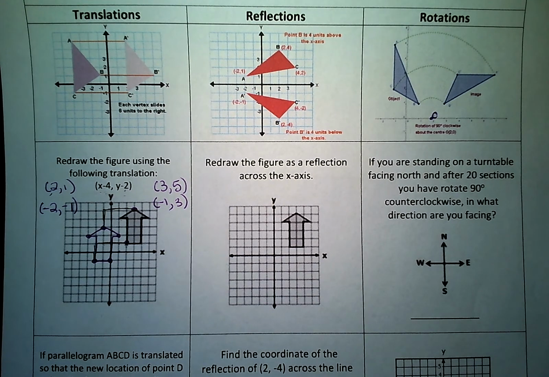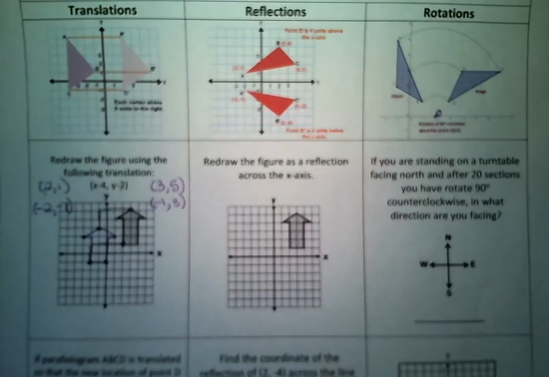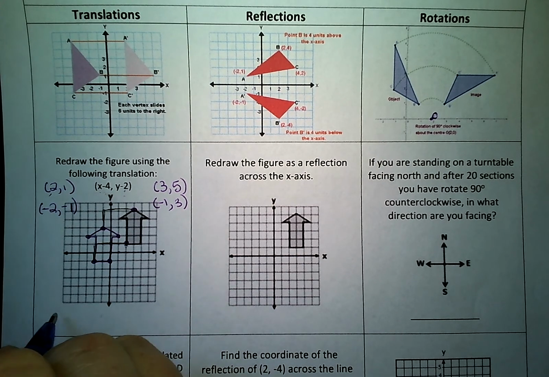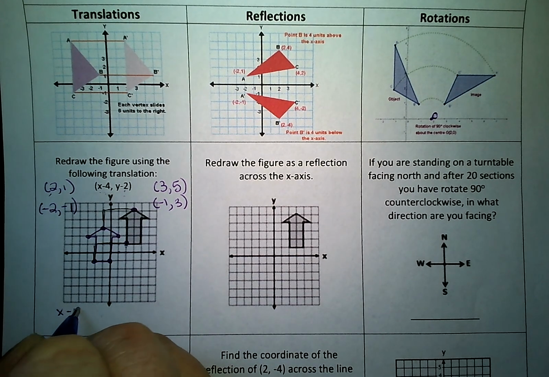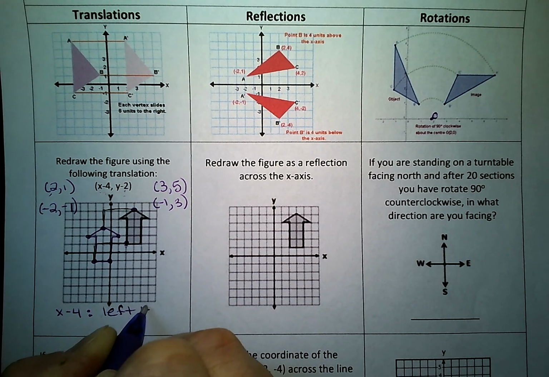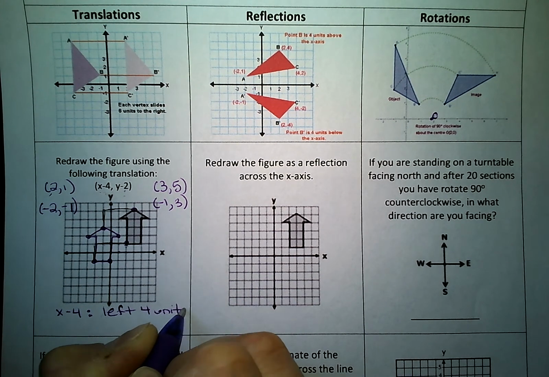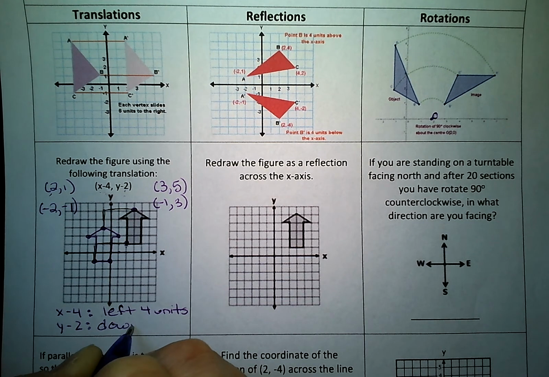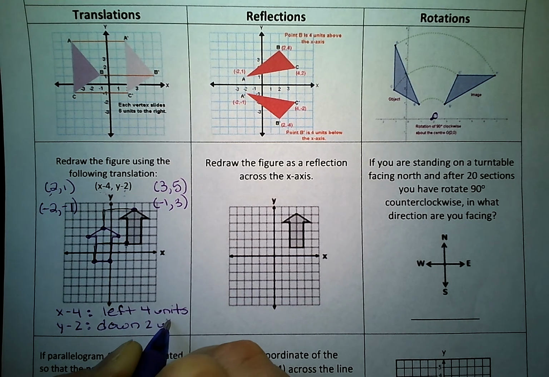By translating every individual point, we've now translated the entire image. The x minus 4 moved the entire image left 4 units. Y minus 2 moved the entire image down 2 units.